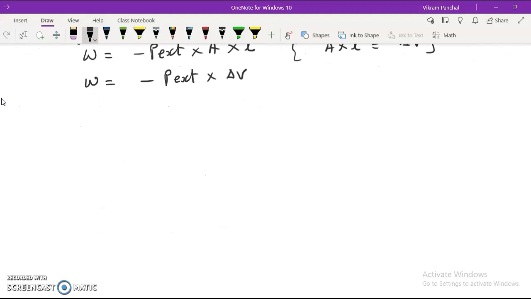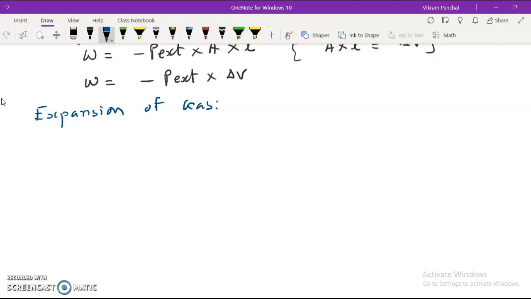Now there are two types of work: work done by the system or work done on the system. First of all, let us take expansion of gas, which I have shown you.